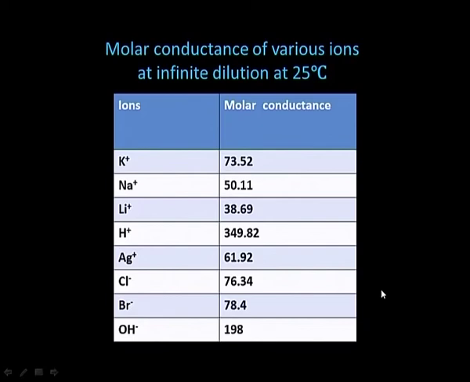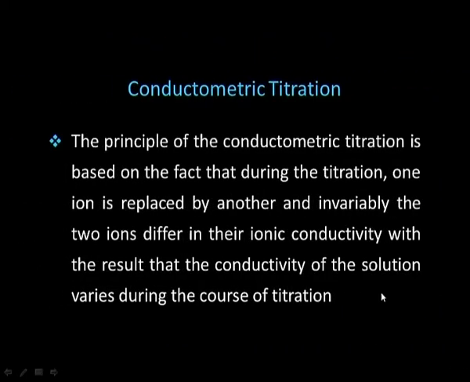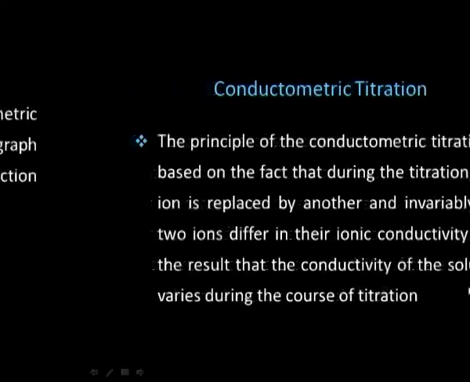is hydroxide. The principle of the conductometric titration is based on the fact that during the titration one ion is replaced by another and invariably the two ions differ in their ionic conductivity, with the result that the conductivity of the solution varies during the course of titration.